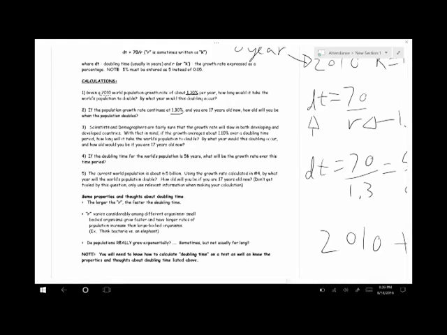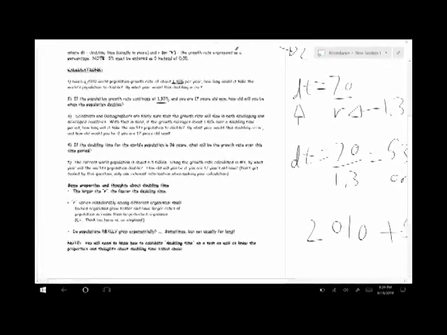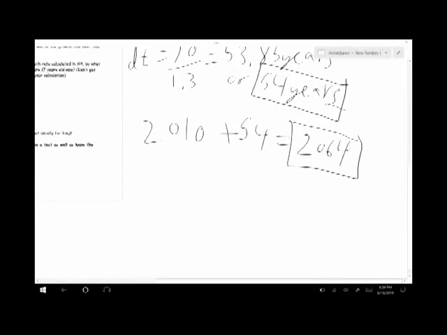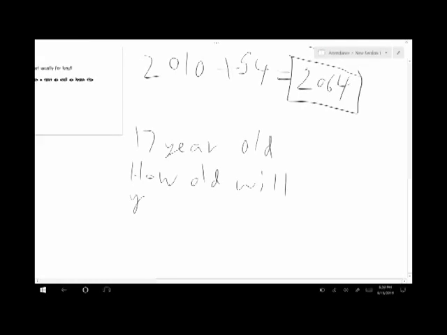So, we've already used 1.3% and figured out it takes 54 years. So, if you're 17 years old now, how old will you be in 54 years?